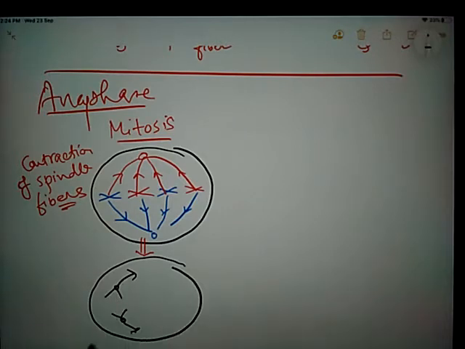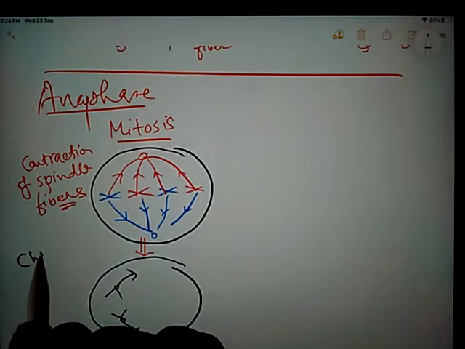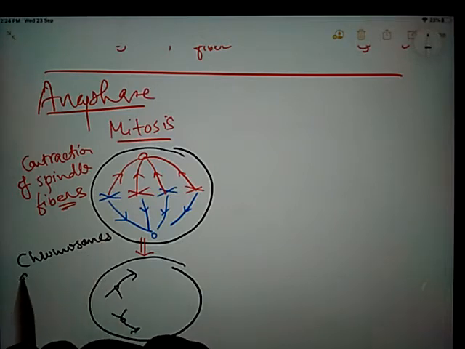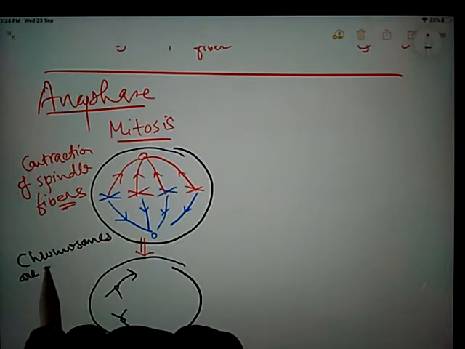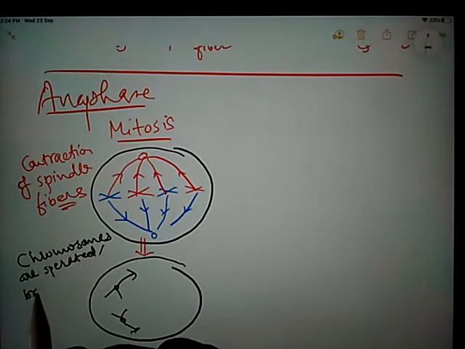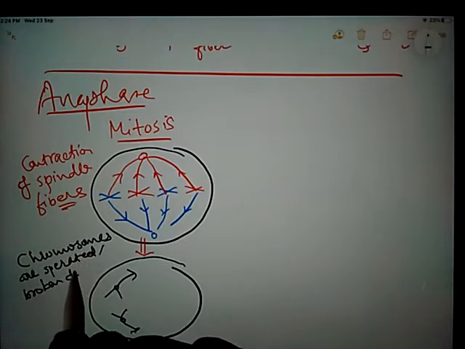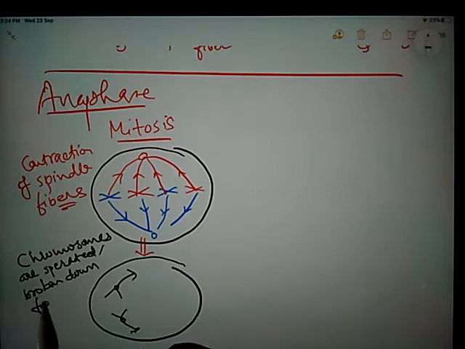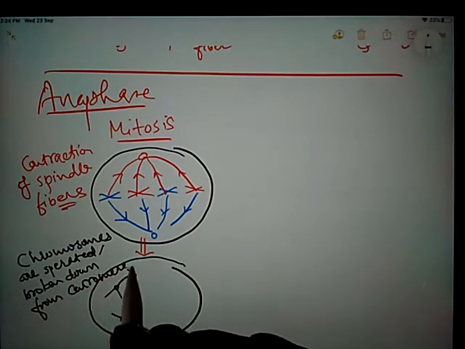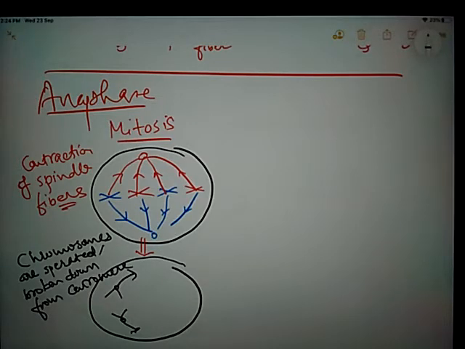So in anaphase of mitosis, chromosomes are separated or broken down from the centromere, right? So two sister chromatids will be separated.